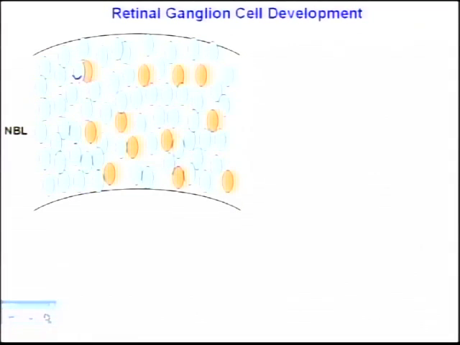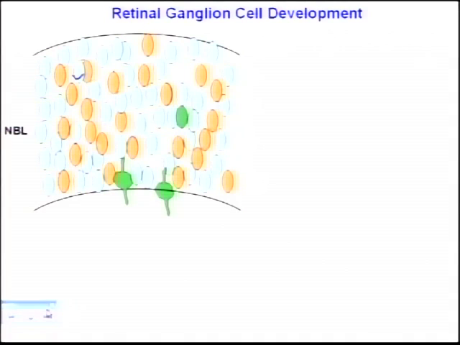All right. So once the competent cells form, the next step is the commitment to a ganglion cell fate, and that's shown by these green cells. So not all the competent cells will form committed ganglion cells, but some of them do. And then these cells start to migrate to the ganglion cell layer, the layer closest to the lens, and they begin to differentiate and migrate to their final position in the retina.